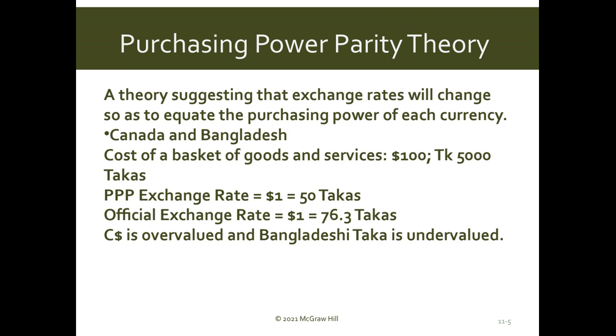Because there are some other factors that prevent 100% purchasing power parity equality. Parity means equality. So there are a few factors that will make this exchange rate slightly different from $1 equal to 50 takas. What is the reason? These are the four main reasons.